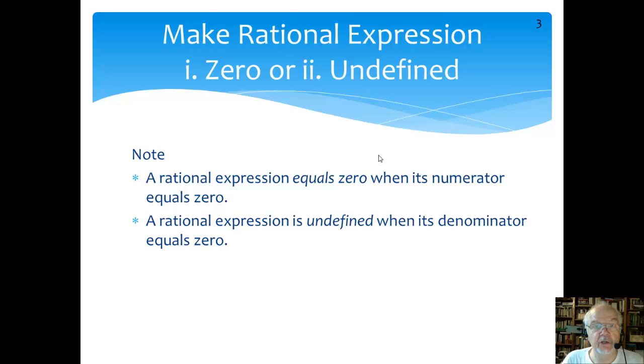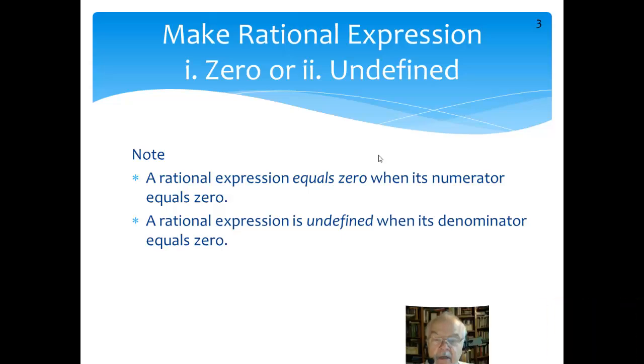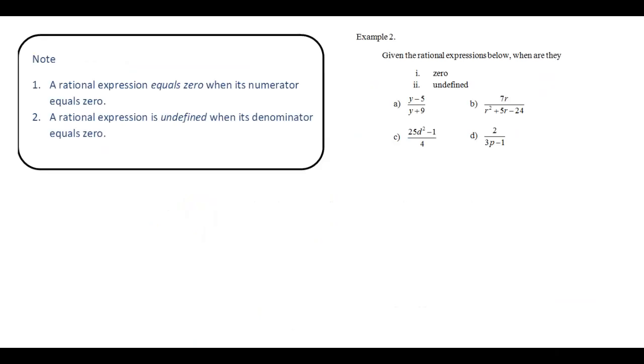So let's look at a couple of examples of how we might do that. We have 4 rational expressions on the right-hand side of our page, and we want to turn each of them into 0 or into an undefined expression. So let's start with the first one right here. We have A, which is y minus 5 over y plus 9.